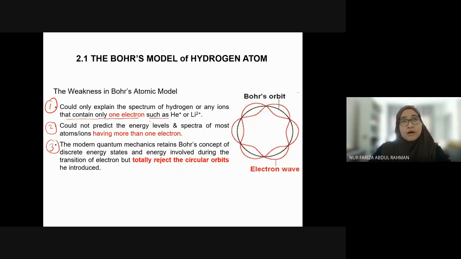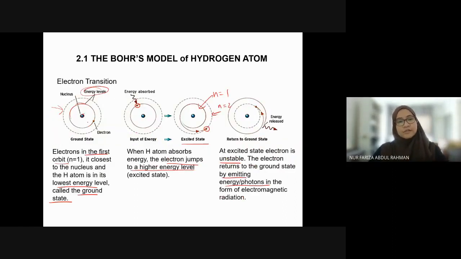That's the thing. So how about atoms having more than one electron? What would happen? Okay, we know that from the representation just now. Okay, so this is Bohr's model. The electron will jump to a higher energy level, kan? So this is only for one electron. What happens if you have more than one electron?